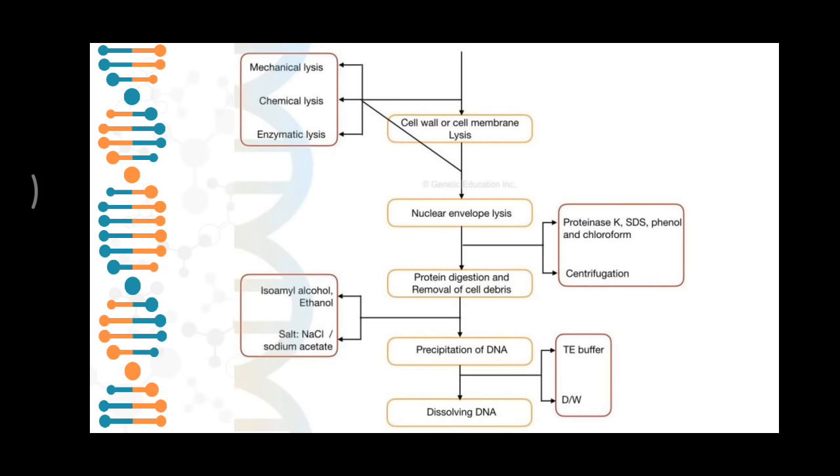Then we have to concentrate the DNA. Here we are using isoamyl alcohol and some salts to precipitate it. Then we have to preserve it with TBE, with TE buffer or in distilled water for further process and analysis.